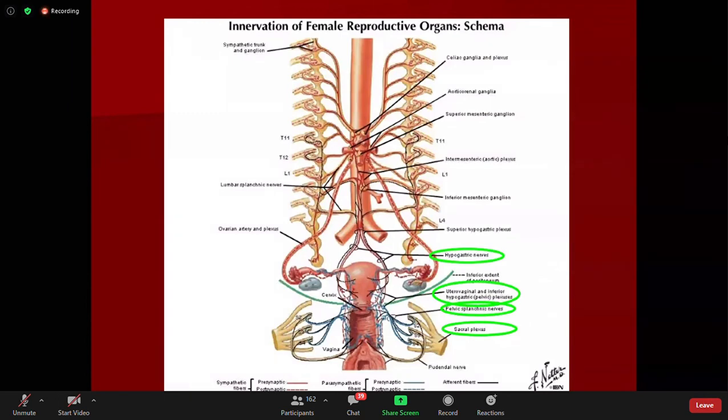But generally speaking, the autonomic nervous system will act on three structures: glands, smooth muscles, and cardiac muscle.